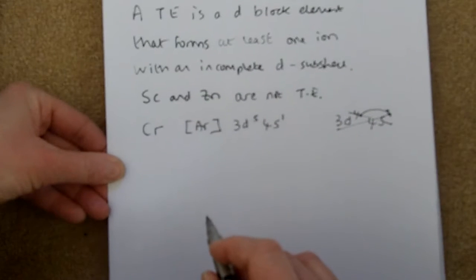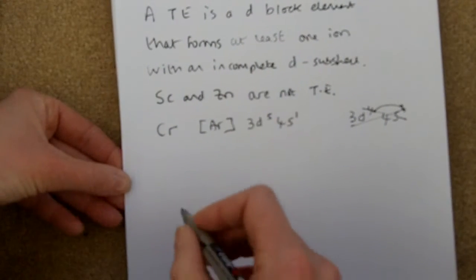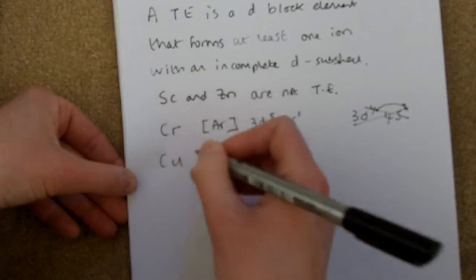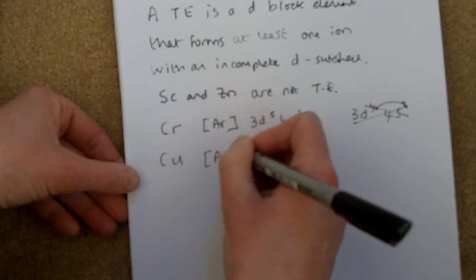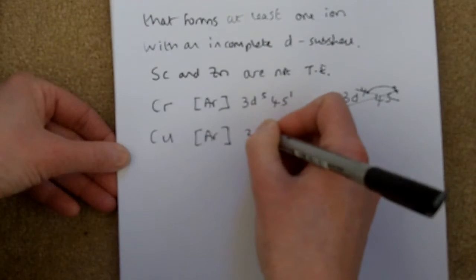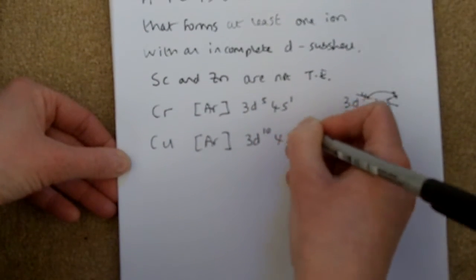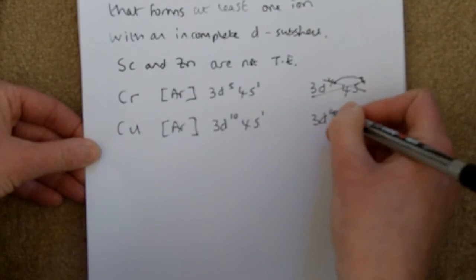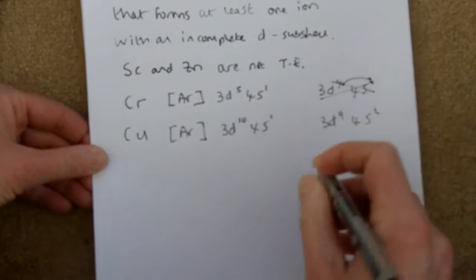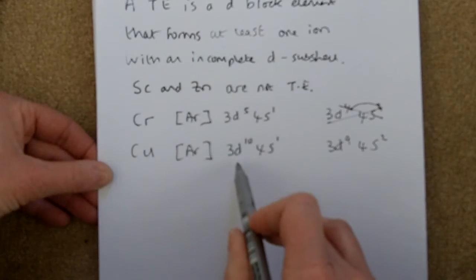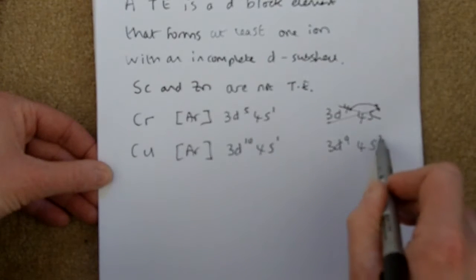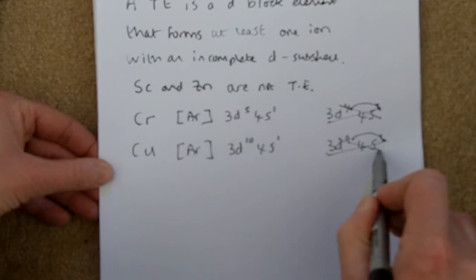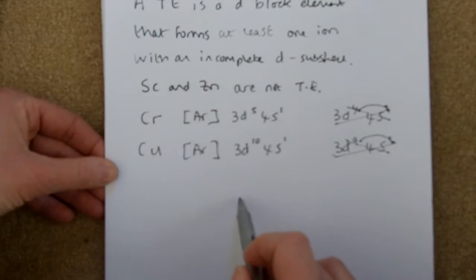The other exception is copper. Copper is 3d10 4s1, and again it should really be 3d9 4s2, but because it's more stable to have a completely filled five-orbital d subshell, an electron comes back, so it's 3d10 4s1.